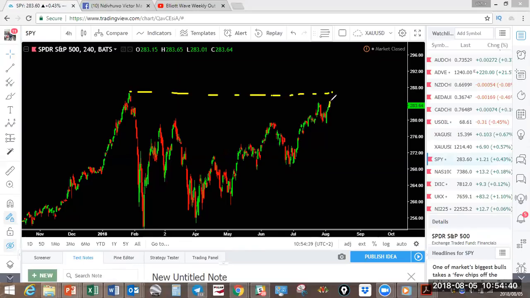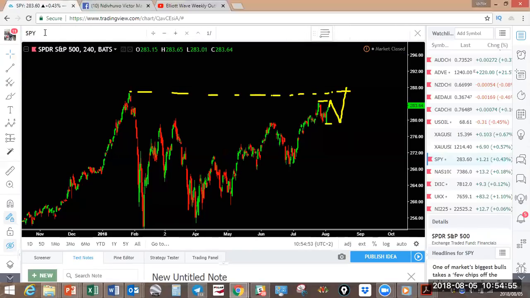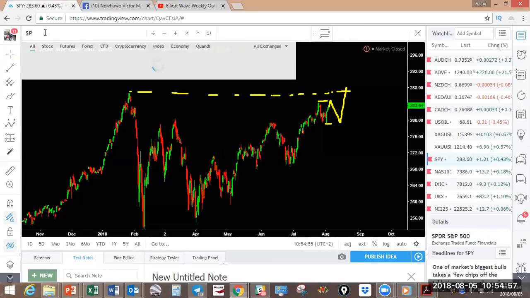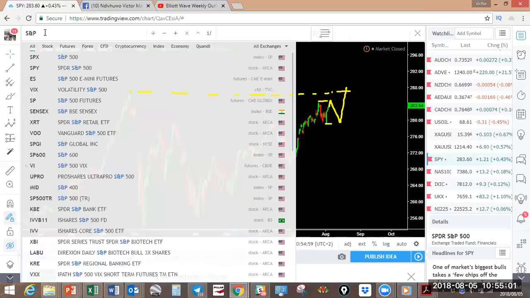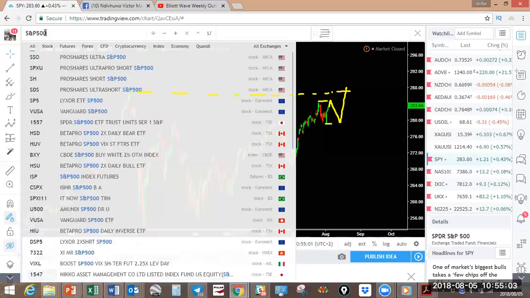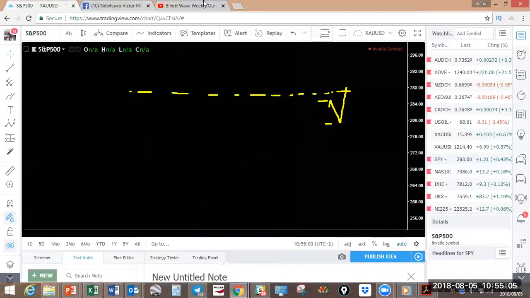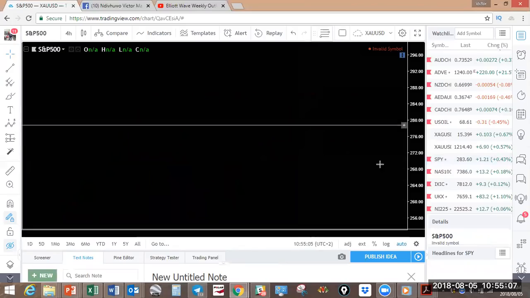So possibilities here, come back up and go down and complete that move to that level. The others have already broken that level, so there's a possibility that the S&P 500 will do the same. Okay, so this is actually the SPY chart, but it's exactly the same as the S&P 500 chart. Okay, S&P 500. Let's just bring out the right one. So somebody has alerted me of this, but it's exactly the same chart.